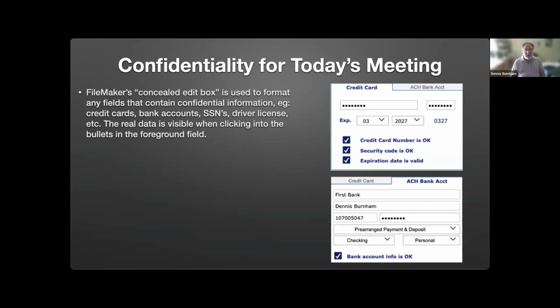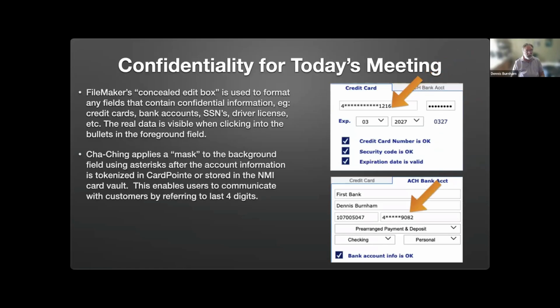So the concealed edit box is a handy way to format fields that have confidential information, and not just credit cards, but also social security numbers, driver's licenses, anything that you think shouldn't be visible to users. The real data becomes visible because if you click into the field that has the bullets in the foreground, what you're going to see is the field that's behind it. And I'm applying that mask using a filter so that people can have the kind of conversations that I was just describing.